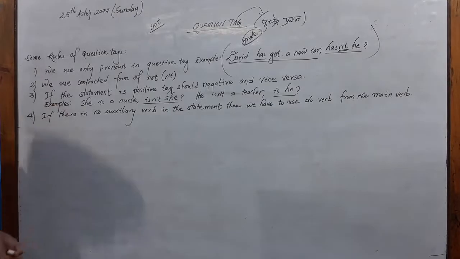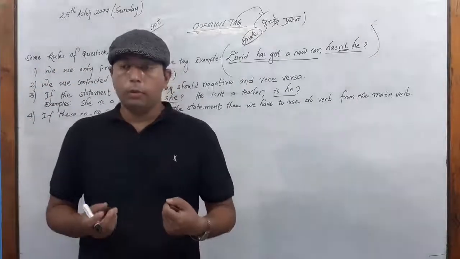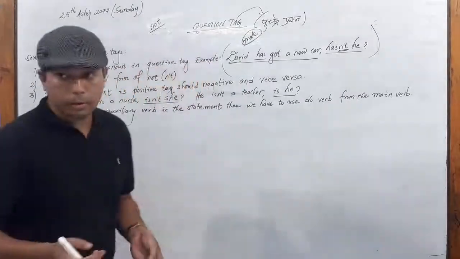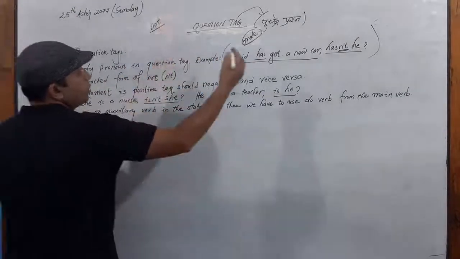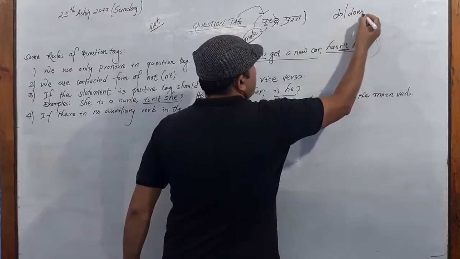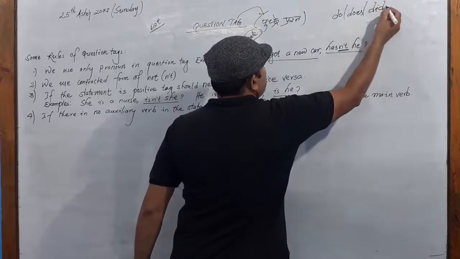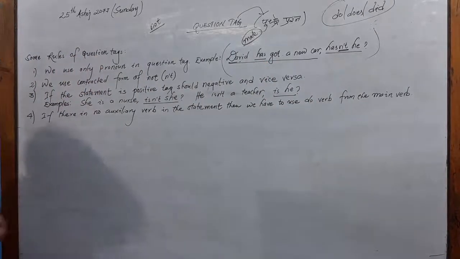So if there is no auxiliary verb, then there is a main verb. So we have to find out which is the main verb and which form of the main verb. According to the form of the main verb, what do we have to use? We have to use do verbs, because do verbs are do, does and did. Okay, these three are do verbs.